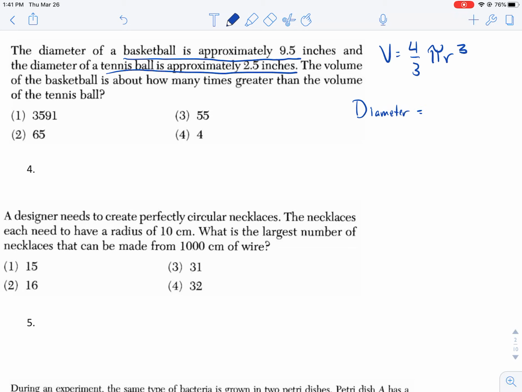If you remember, the diameter is twice the radius. Which means in order to find the radius, we have to divide the diameter by 2.